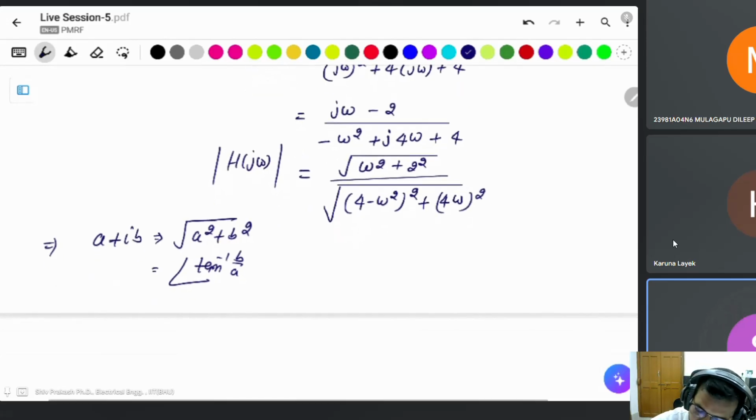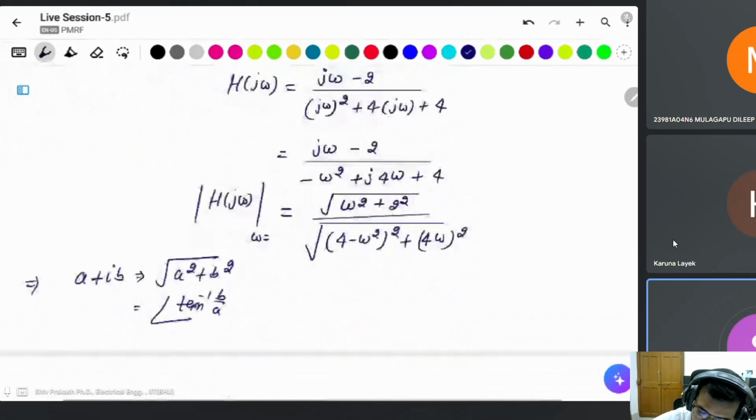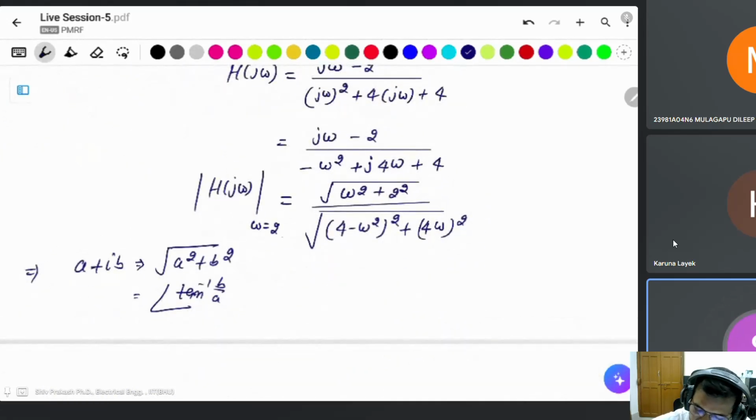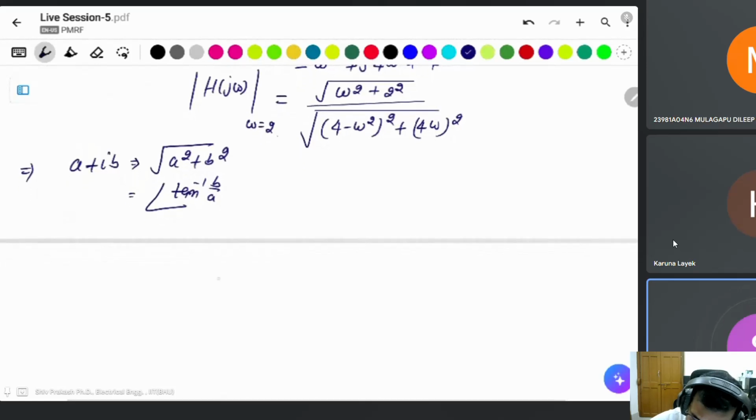At omega equal to 2, put the value of 2 here: 2 square is 4, plus 4, is root of 8.